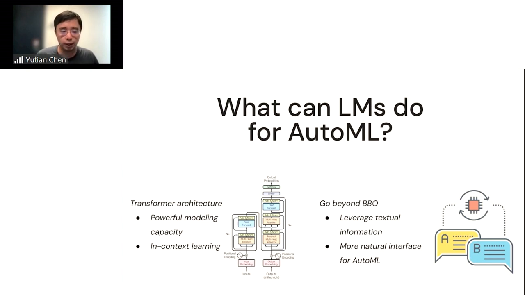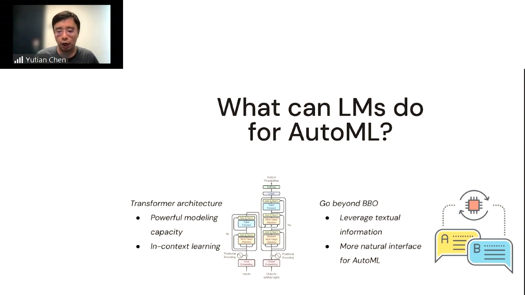In the first part, I will talk about the transformer architecture that's behind the current large language models, how we can make use of this powerful modeling capacity, and also the in-context learning I mentioned at the beginning of the tutorial, and what kind of benefit we can get by adopting the transformer architecture for solving optimization problems in AutoML.